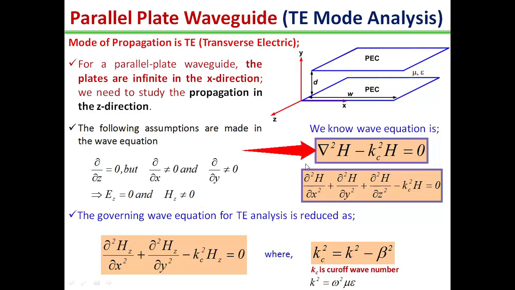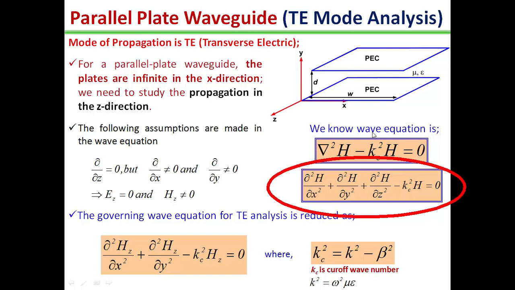And we know that the wave equation is del square H minus Kc square H is equal to 0. In the Cartesian coordinate system, after opening the Laplacian operator, we will have del square H by del x square plus del square H by del y square plus del square H by del z square minus Kc square H is equal to 0.